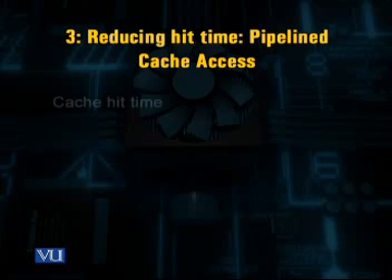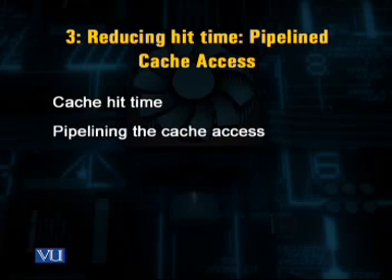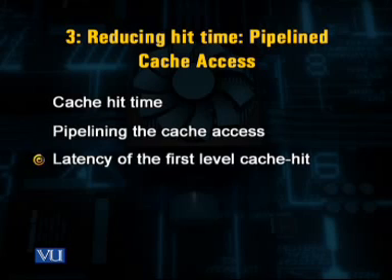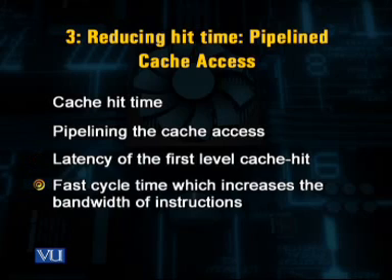access. We know that the overall cache hit time can be reduced by pipelining the cache access so that the effective latency of the first level cache hit can be multiple clock cycles. Hence, the result is a fast cycle time, which increases the bandwidth of the instructions.